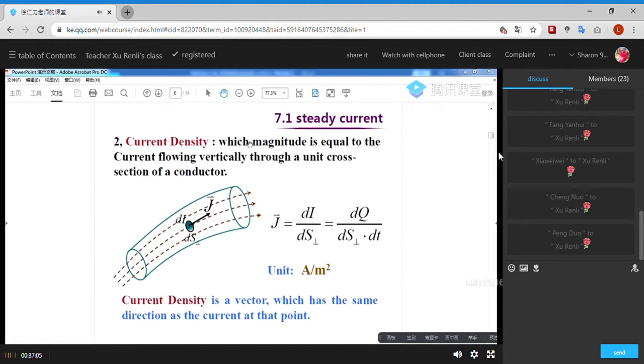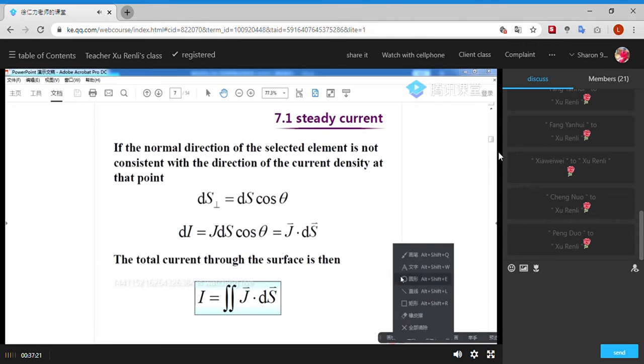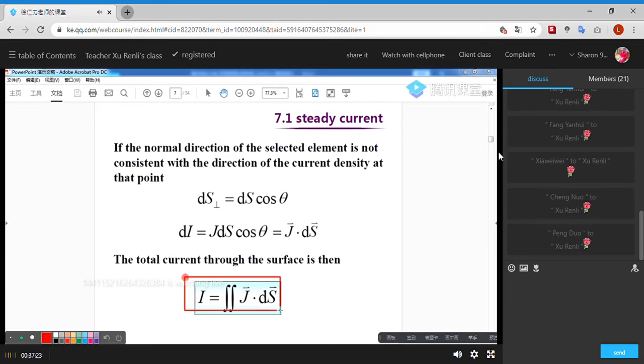It helps us to know the property of the non-uniform conductor. And the relationship between the current and the current density is this formula. The current equals the integral of the current density by the area.